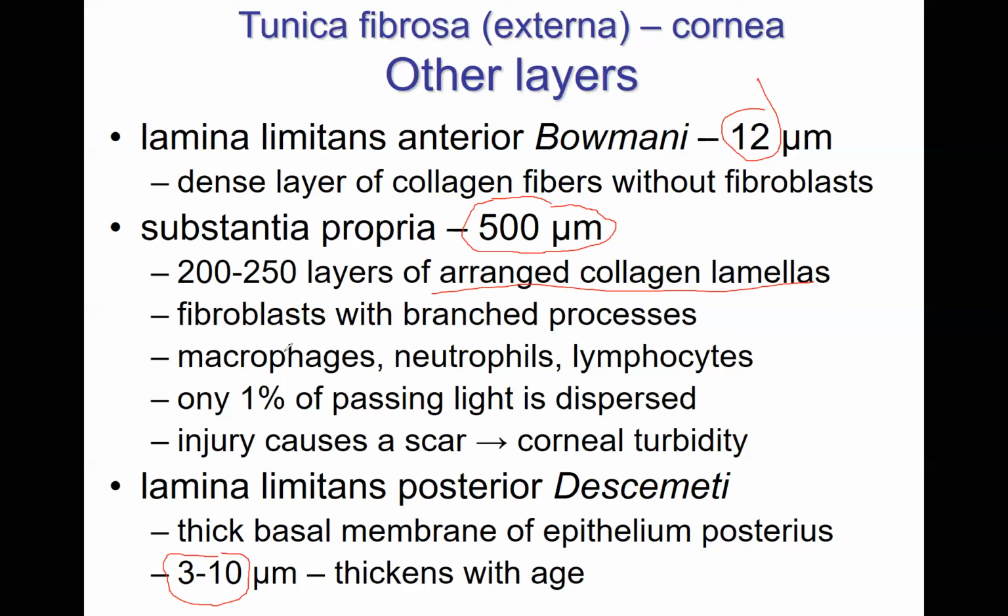Of course, there are fibroblasts and immune cells. Yeah, I've talked about that the injury can cause a scar, and the scar can cause a lowered quality of vision, which is called corneal turbidity. So that's all for the layers.